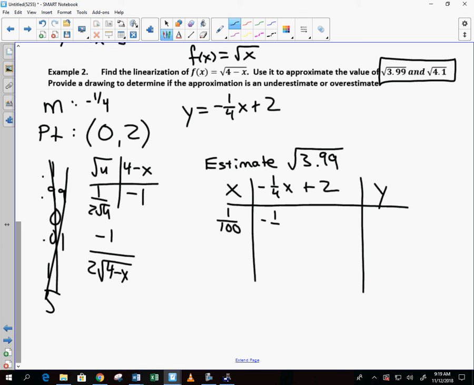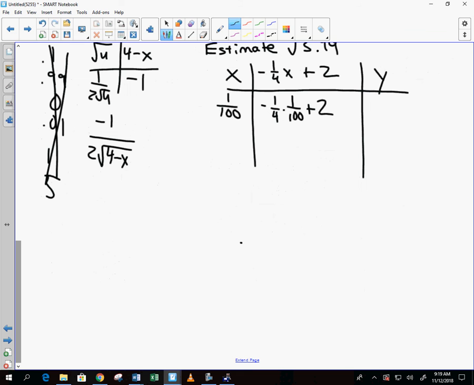So negative 1/4 times 1/100 plus 2. And you get negative 1/400 plus 2. I'm going to create a common denominator.